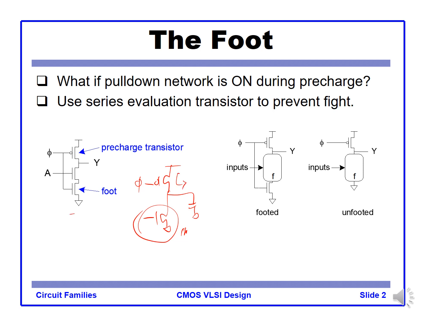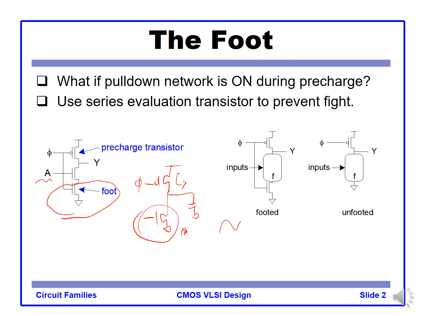So we add a footing device at the bottom so that the evaluation is always disabled. When the clock is low, the pull down path is completely disabled no matter what the input A is. So we prevent this pull down network from being on when we do the pre-charge.